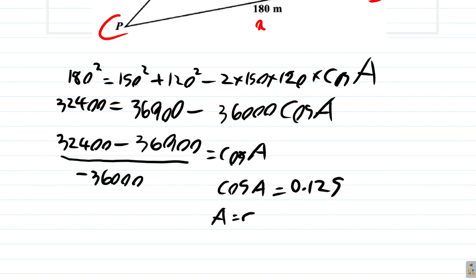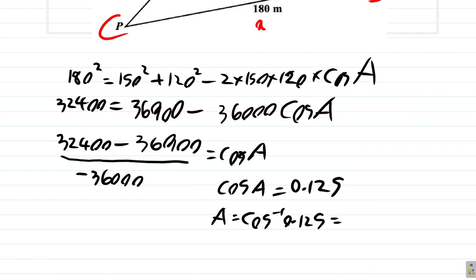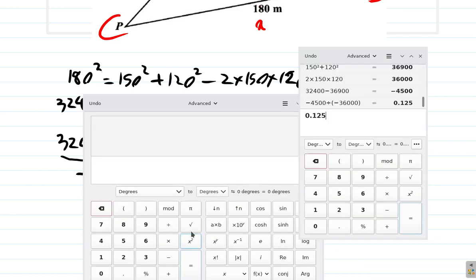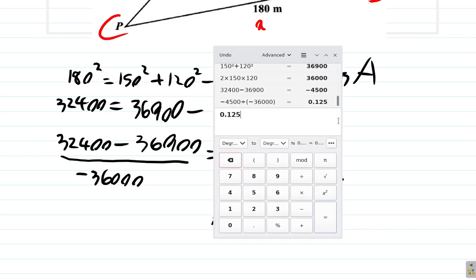So A is going to be the cosine inverse of 0.125. Let's find out what that is. Cos inverse of 0.125. Alright, so cos inverse, I have to clear the screen.